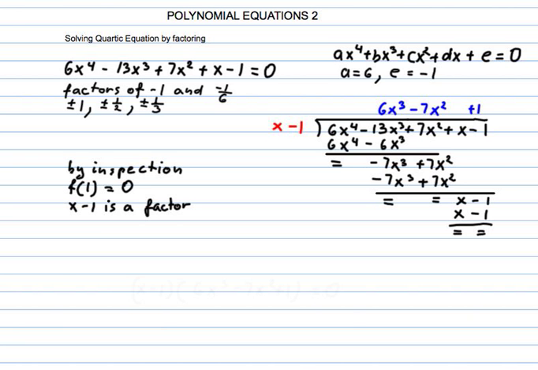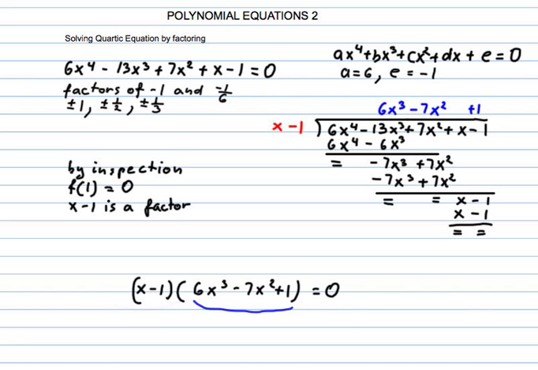Now, when you divide a quartic by a linear factor, you get a cubic equation as your solution, and you will repeat the process. So now we have reduced this quartic equation into a product of x minus 1 times the trinomial 6x cubed minus 7x squared plus 1, and this is equal to 0.